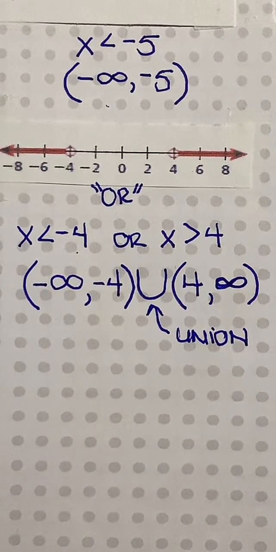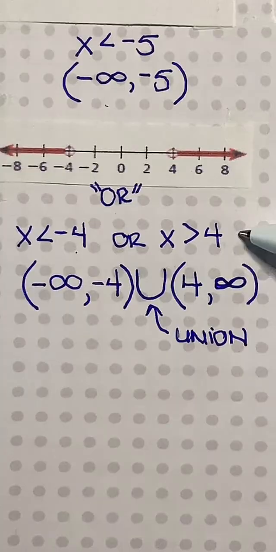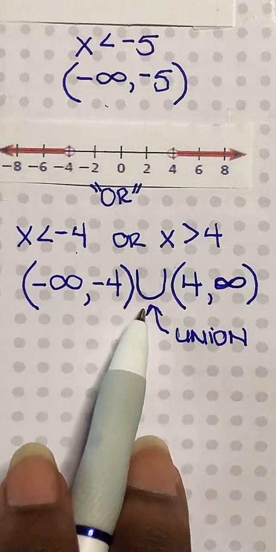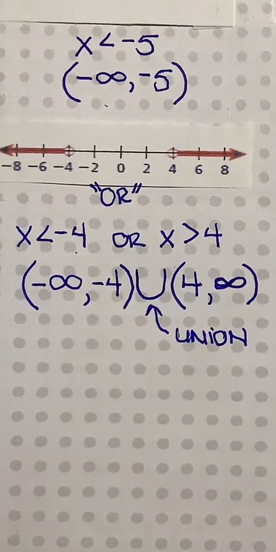So interval notation, yes. Inequality notation, yes. Will you see this union symbol? Yes. You'll see it for ASVAB, GED, ACCUPLACER, SAT, ACT. TEAS test, I'm not sure. But I know inequalities are on the TEAS test.